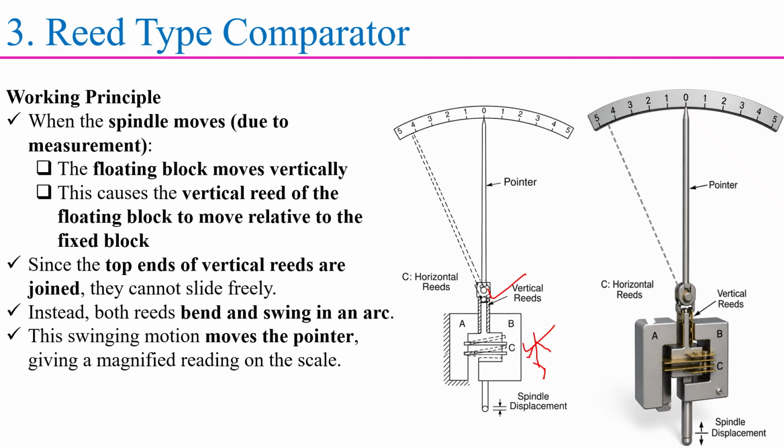Instead, both the reeds bend and swing in an arc. So due to this vertical movement of the floating block, a swing will occur. The swinging motion moves the pointer, which gives a magnified reading on the scale.